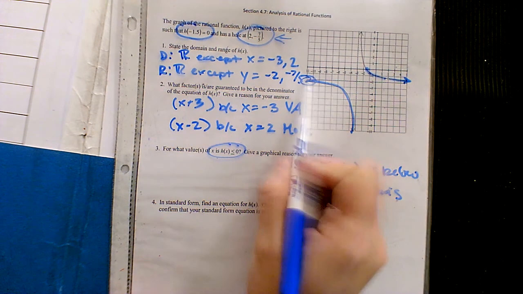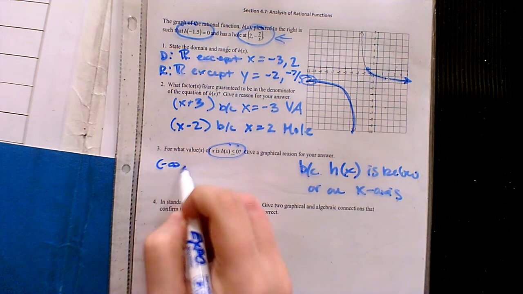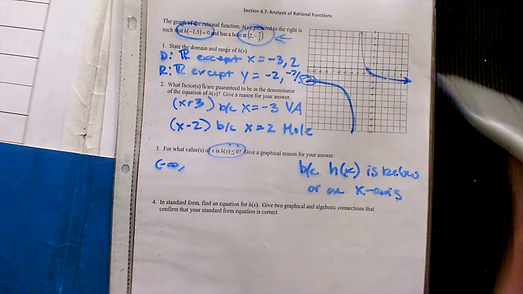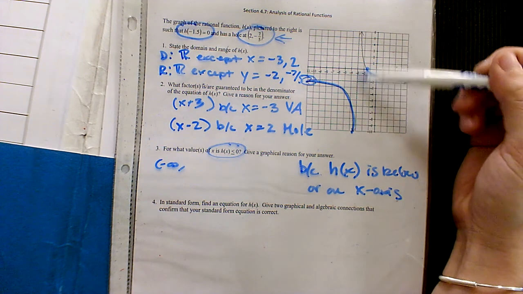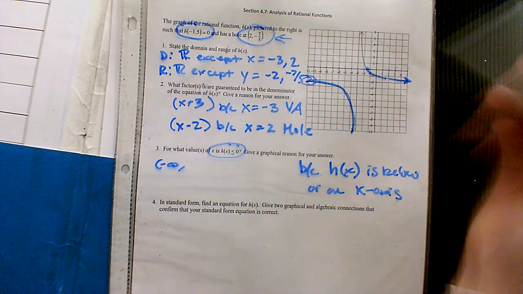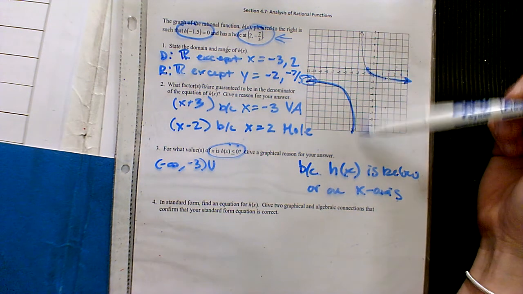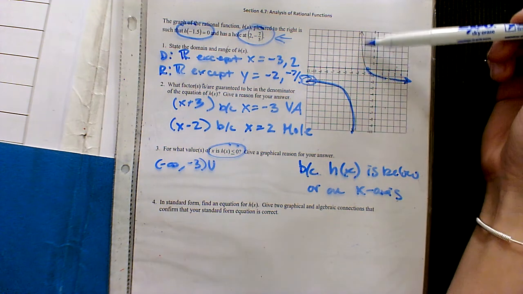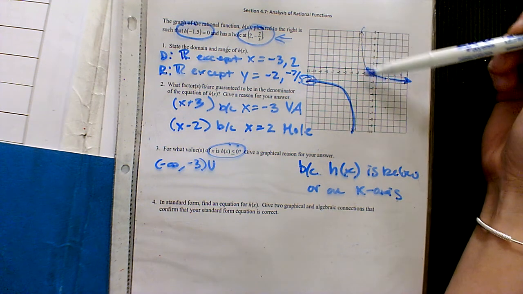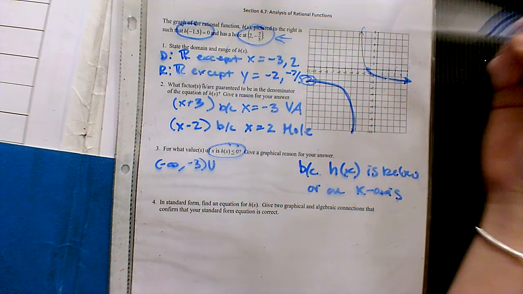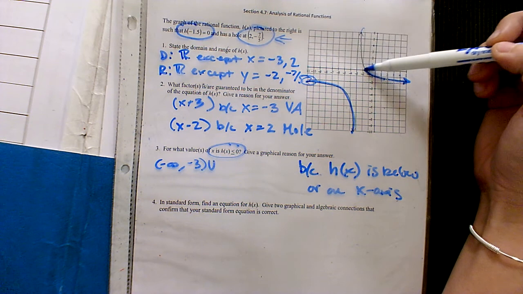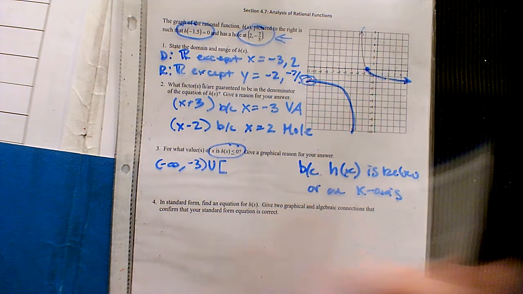Let's see. We can go all the way to the left, so -infinity. We have to skip over -3 because there's a vertical asymptote there. There's no physical point. After the vertical asymptote, we're briefly above the x-axis, so we cannot include that piece, but then we're on the x-axis.